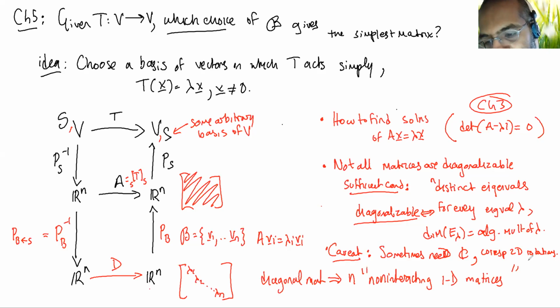So the two-dimensional rotations of real vectors. What I mean by corresponds to two-dimensional rotations is that when you have a complex eigenvalue, there is a two-dimensional subspace in which the matrix is performing a rotation. That's one of the theorems that's stated in the book.